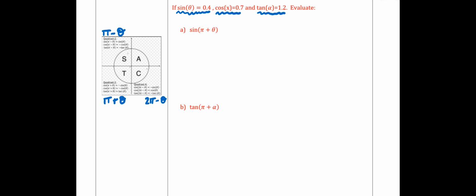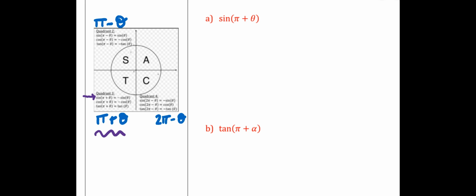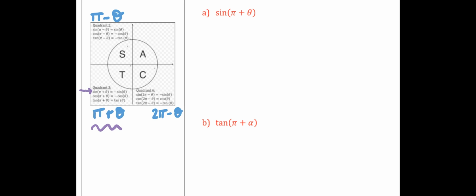Well, pi plus theta takes me into this quadrant there. So I think, okay, sine of pi plus theta is equal to minus sine theta. Now you'll see that in your notes. I know it's a little small, but if I zoom in on this image, you can see it's just there.